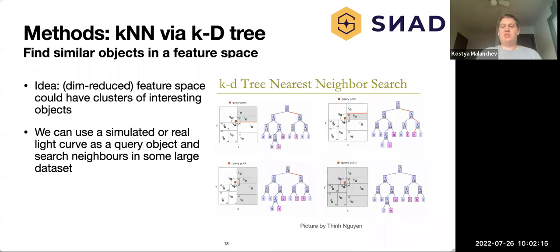And we found accidentally that we could use a very simple approach to find more transients. If we have some non-transient or some good transient simulation, we could just look into feature space and find nearest neighbors, assuming that transients form some cluster in a feature space.